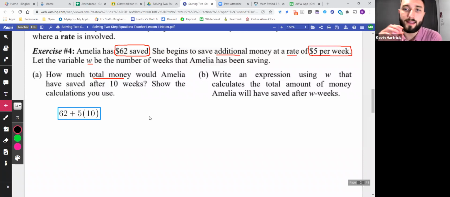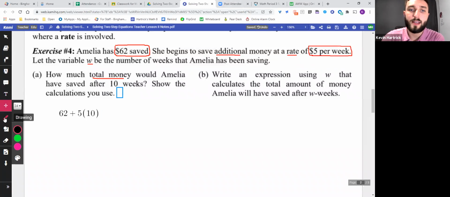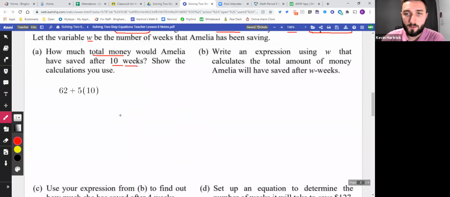When we have each or per, these words here, this means multiply. So basically what we're doing is we're taking the $5 and we're multiplying it per week by the number of weeks. And in this case, the number of weeks is 10, right? So we have to just simplify this expression, and that will let us know how much money she has saved total.